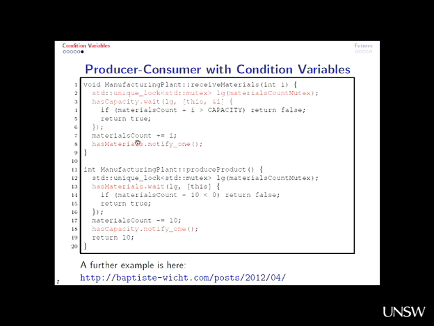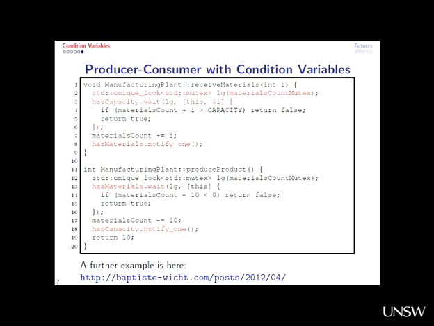Remember, we've got two condition variables: one is hasCapacity, one is hasMaterials. We send the signal to the hasMaterials condition variable to say we have materials in the factory, because that condition variable might be waiting for us to receive materials. So once we've received materials, we send the signal.